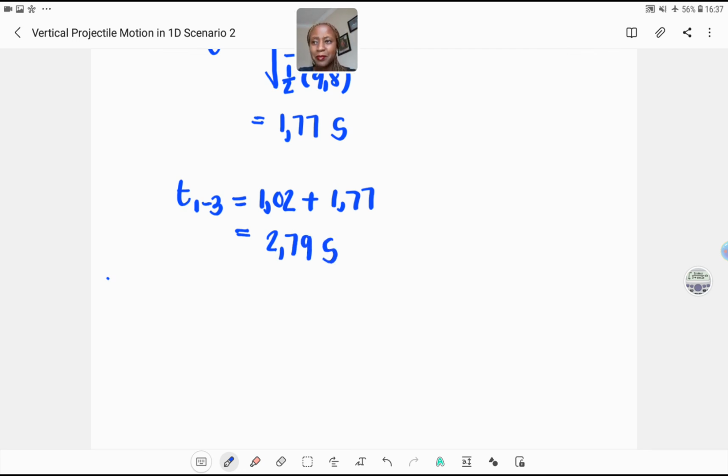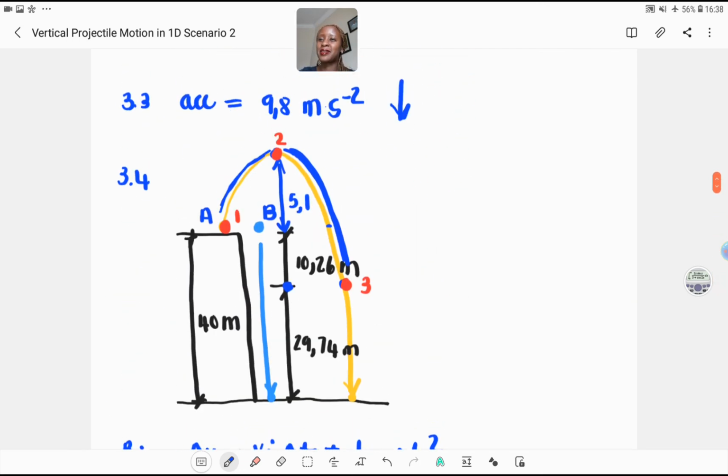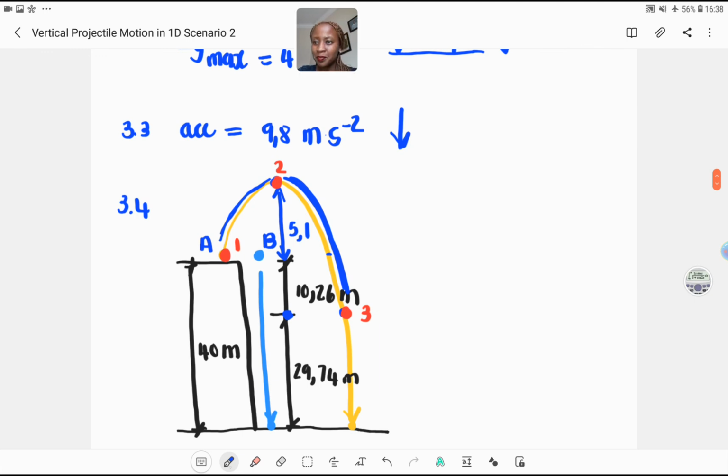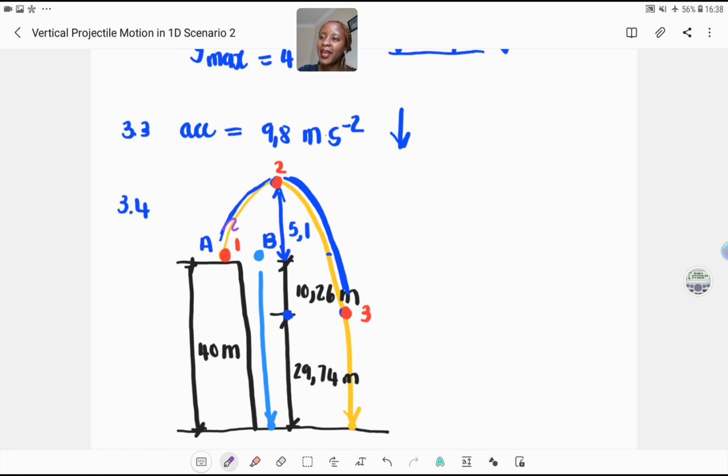Okay, great. But we still have to solve for x. So what is x, guys? Let's go back to our sketch. For ball A, it took a total of 2.79 seconds to reach this point 3.